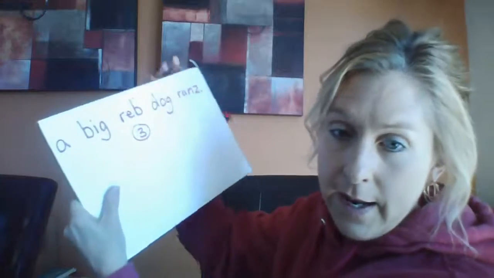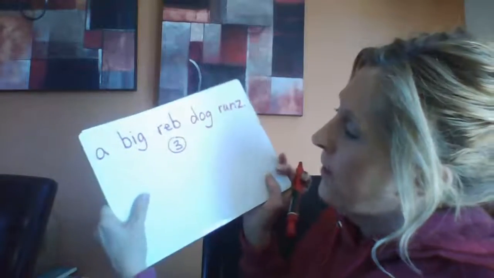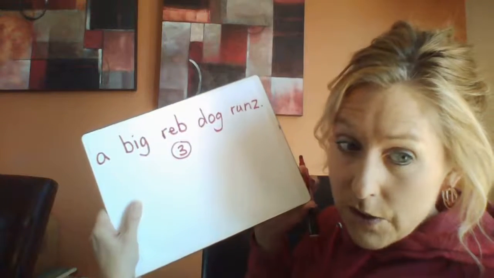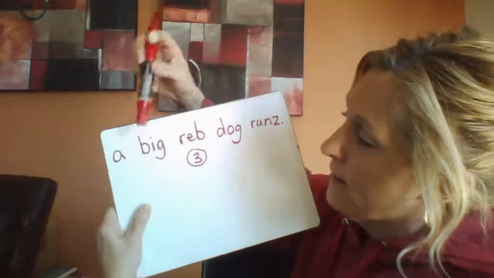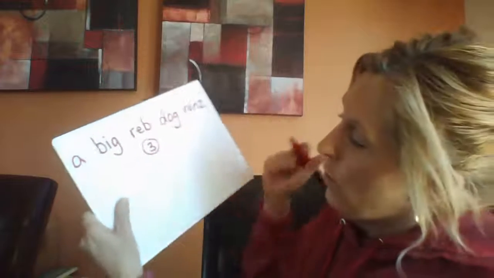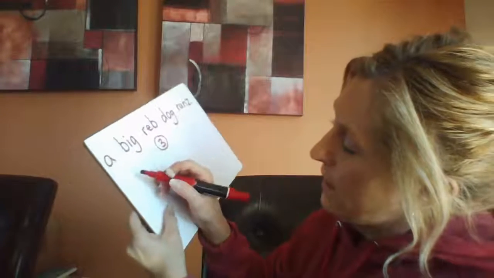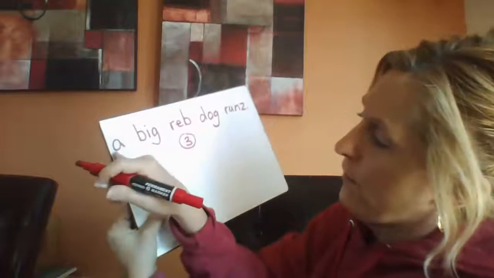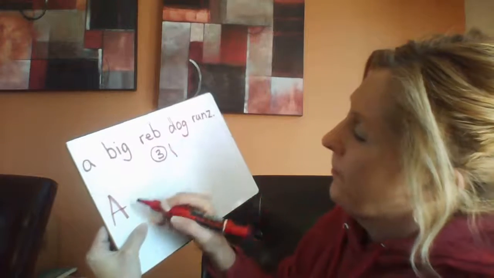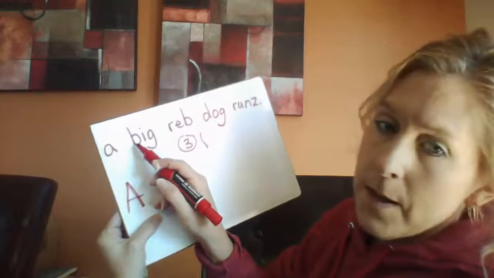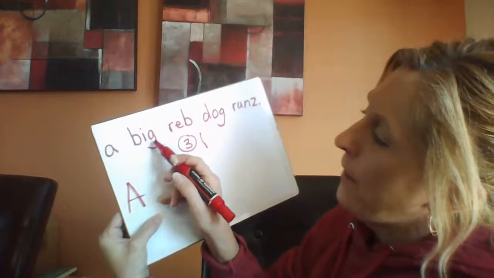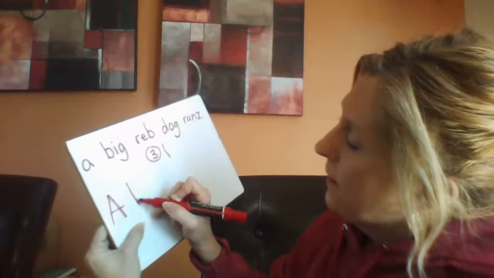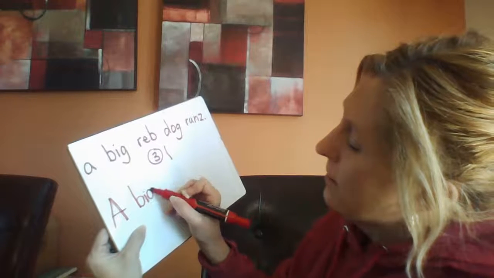Okay, I'm going to go ahead and show you the correct way. The first thing that was missing is, what kind of a letter always starts the beginning of our sentence? We shouldn't have a lowercase a at the beginning. So we should have a capital A instead of lowercase. So that was 1. Is there anything wrong with this one? Big, a big. Nope, nothing wrong. So we can just put a finger space and rewrite big.